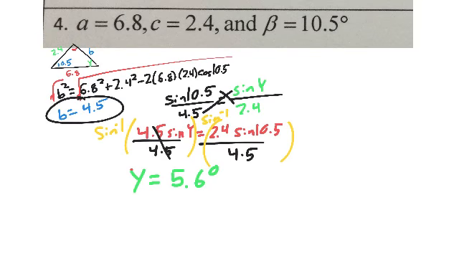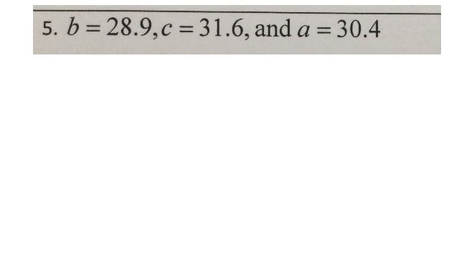So 5.6 has to be my gamma. And then I have to find alpha by doing 180 minus 5.6 minus 10.5, which means the missing angle is 163.9 degrees.